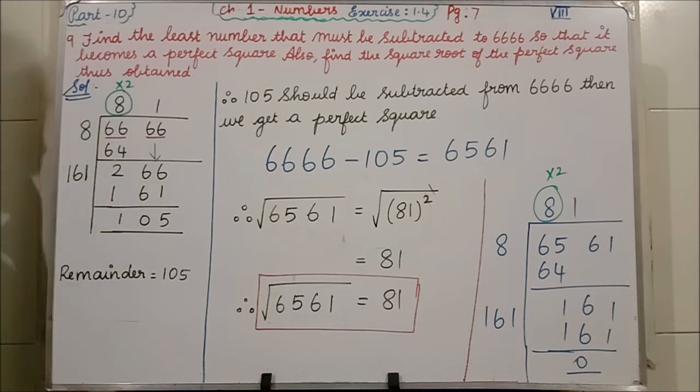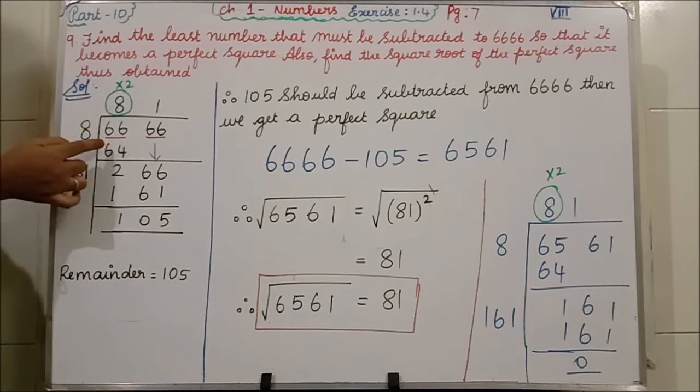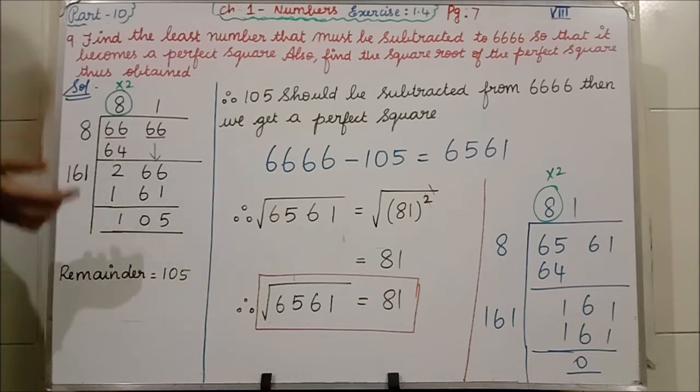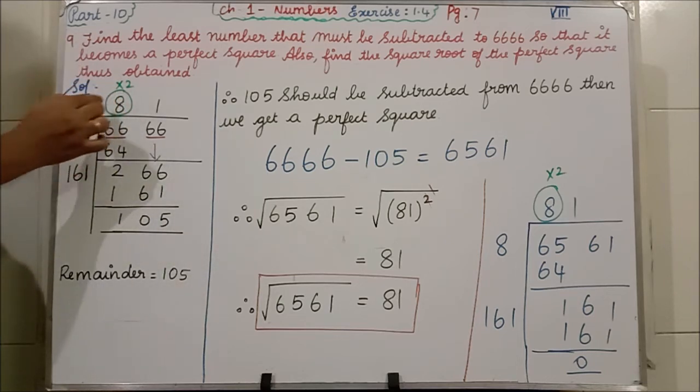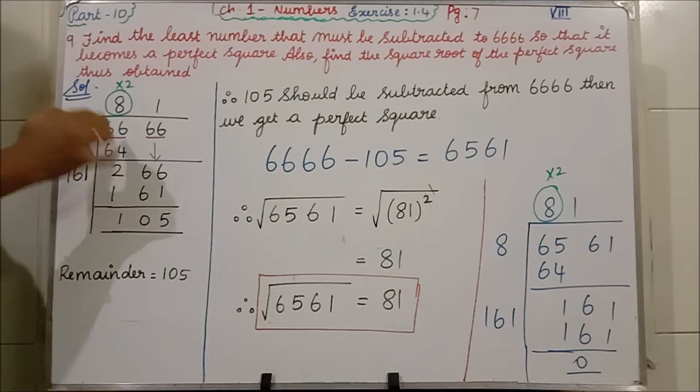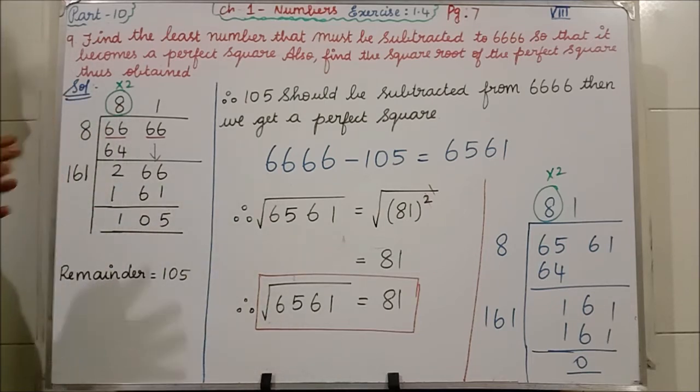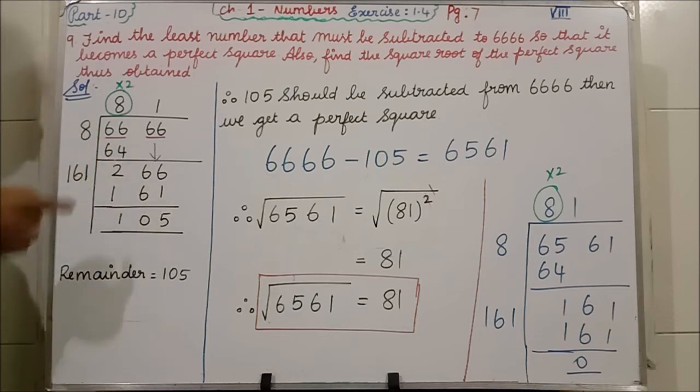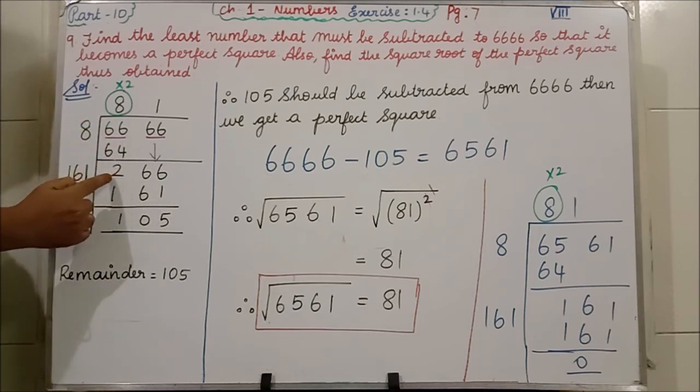That will come near to 66. Isn't it? If you write 7 7s, 49, it will not come near to that. If you write 9 9s, 81, that is exceeding. So you have to put 8 8s only. 8 8s are 64. From 66, if you subtract 64, we will get 2.